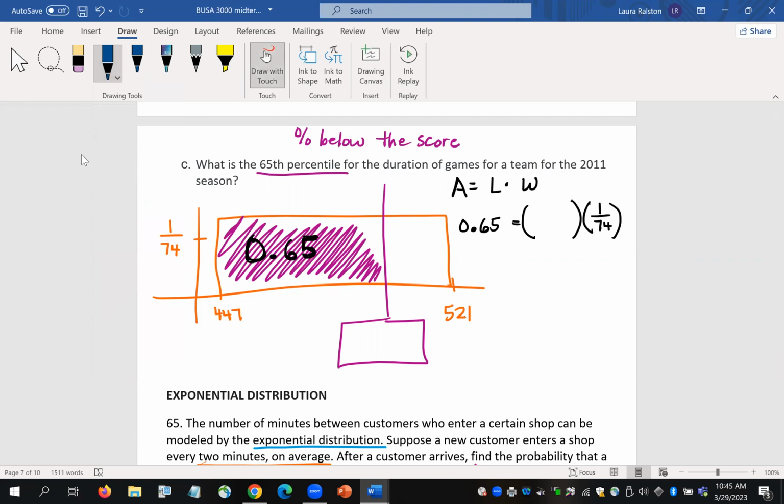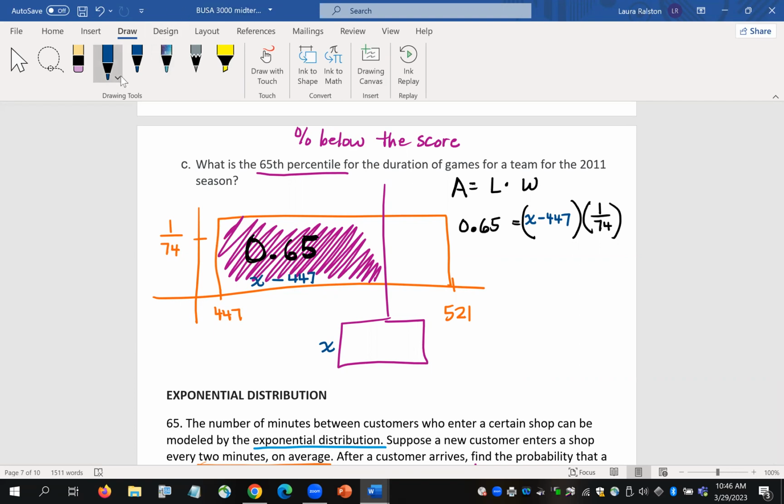I'm looking for this X. So I have X, my length would be X minus the 447. I would subtract those two numbers to get the length, but I don't know what X is. So I have X minus 447. And then I have an algebra problem.